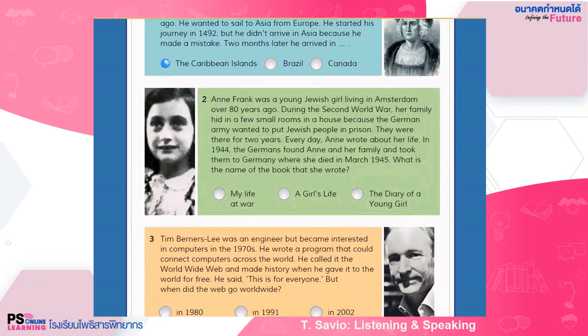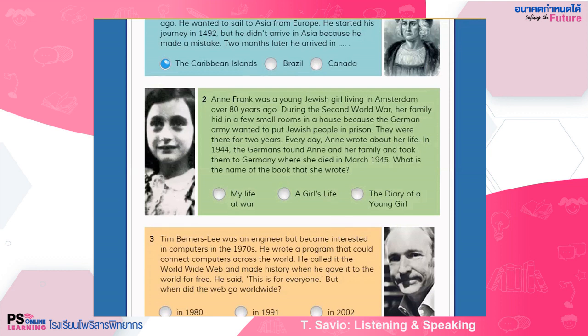Number 2, this one is about Anne Frank. Anne Frank was a young Jewish girl living in Amsterdam over 80 years ago. During the Second World War, her family hid in a few small rooms in a house because the German army wanted to put Jewish people in prison. They were there for 2 years.